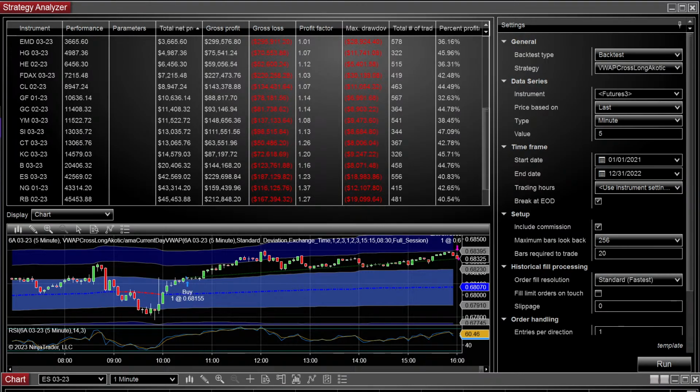I'll have to do that. The ones that worked okay, at least, not on all of the instruments: metals or grains didn't do well at all, but indices and energies did okay. As long as it does good on two asset classes, I think it's perfectly fine to add to the list.